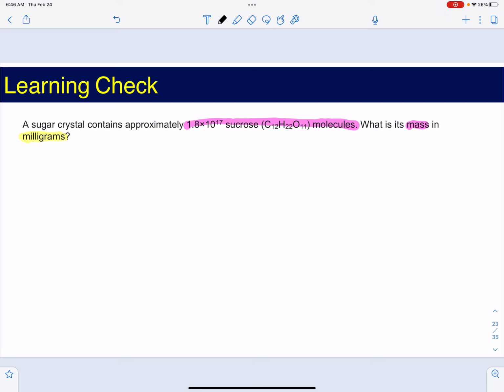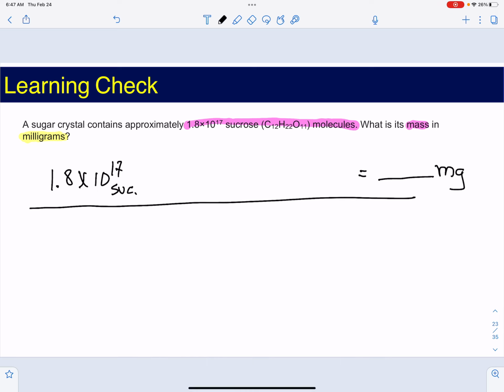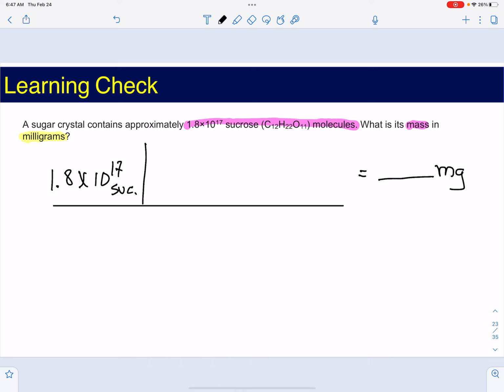So given 1.8 times 10 to the 17 molecules of sucrose, can you tell me the mass in milligrams? Well, let's find out. Can I do that? Let's see.